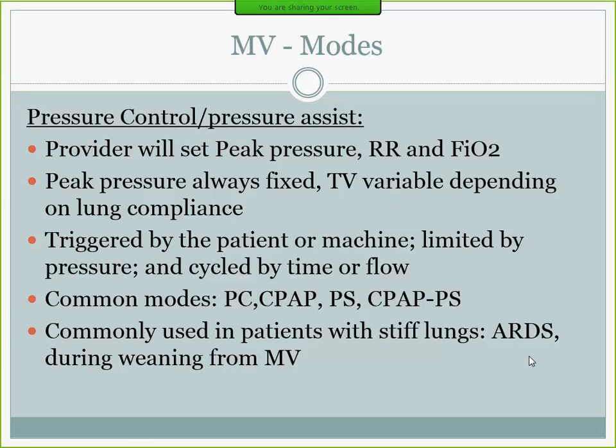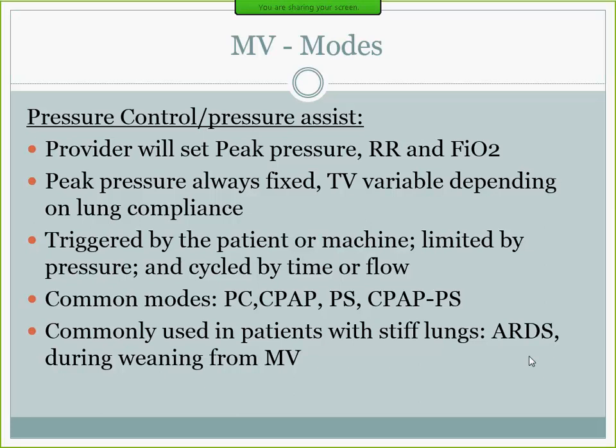Pressure control mode is where you set a peak airway pressure, respiratory rate and FiO2, and then your peak pressure is always fixed. So what is variable is your tidal volume. Since you do not have control of tidal volume, you lose control of minute ventilation. So you don't have control over tidal volume and minute ventilation both in pressure control mode.